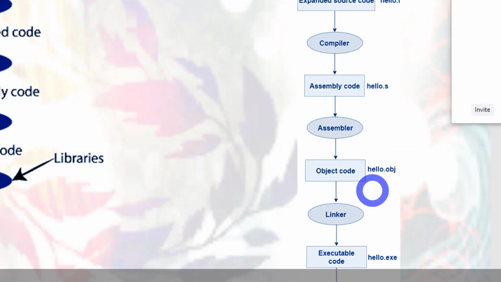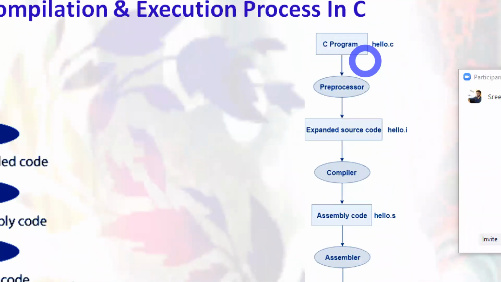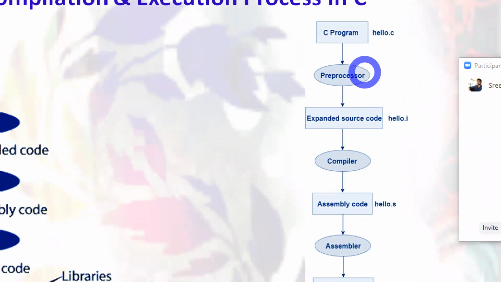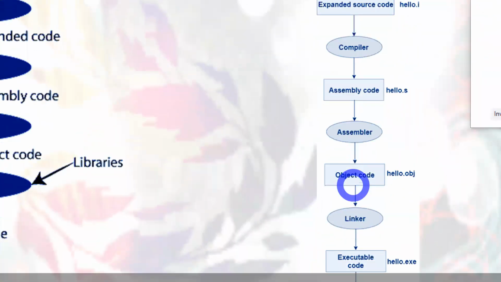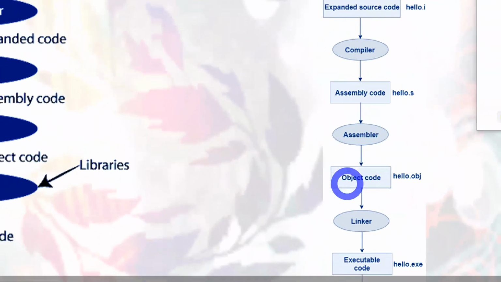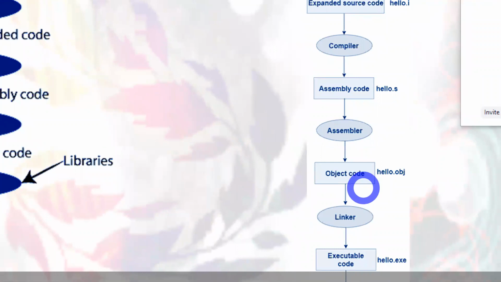For that sake, C language is what? Platform dependent. But C is machine independent. We can write the source code once, carry this source code, and process the compilation and execution in a different operating system. But C is platform dependent. Why? Because you cannot carry this object code and run it directly on different platforms or operating systems.